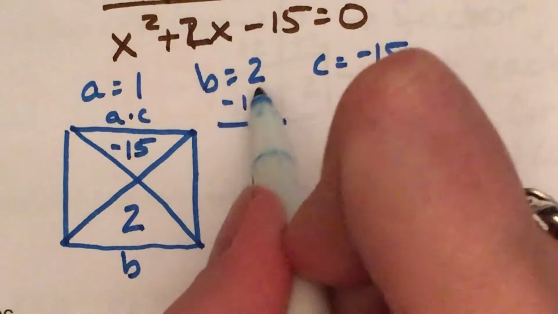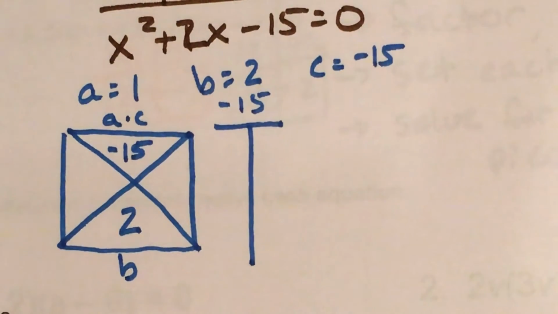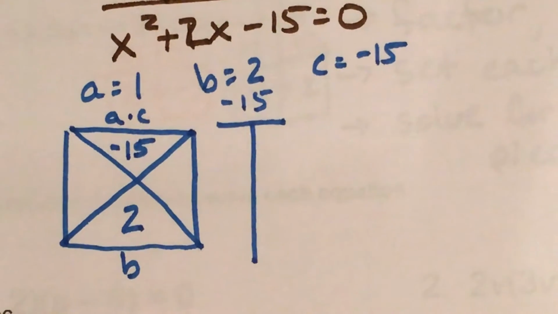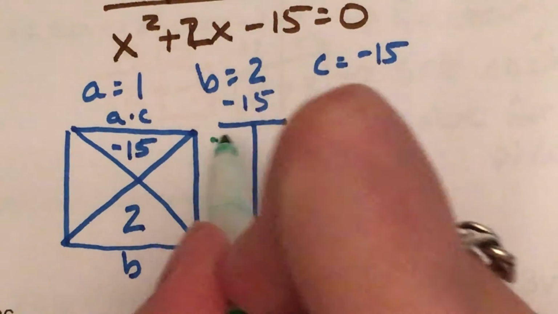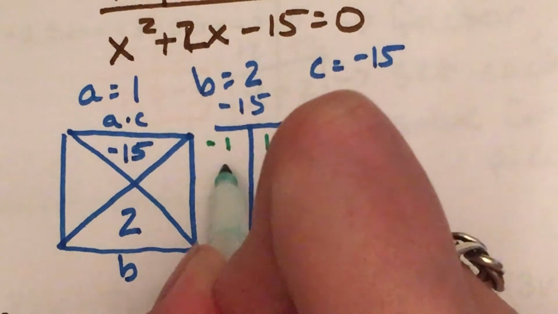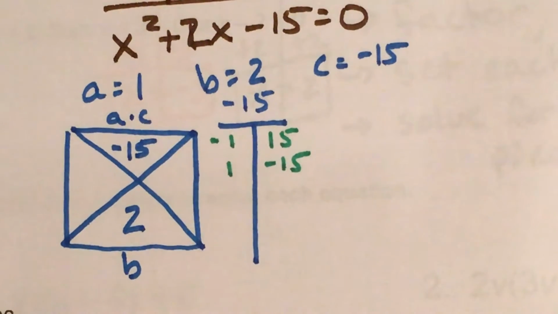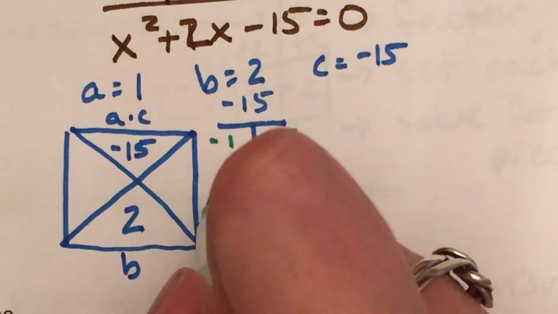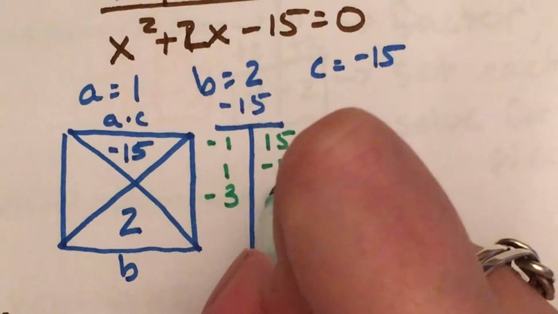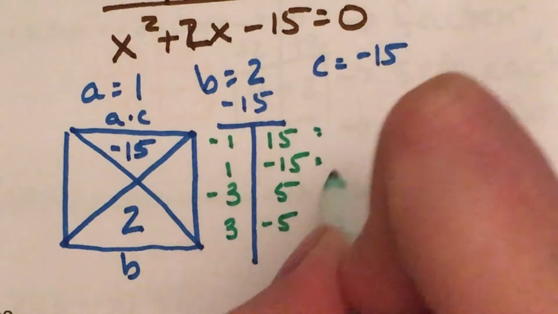So let's go tear apart this negative 15. And yep, it's negative again. So we're going to have to alternate signs back and forth in our factors. So 1 times 15, okay. And the other pair is, yeah, 3 and 5.